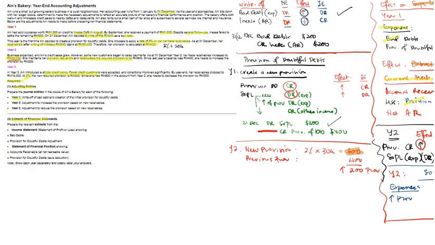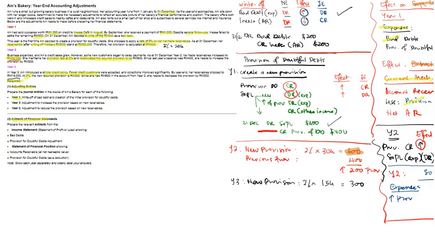But the formula for you to calculate your provision is still the same, meaning we're going to use the rate. New provision, 2% times net receivables given by end of the year, 15,000. So you get 300.